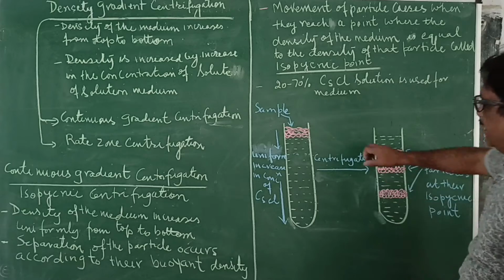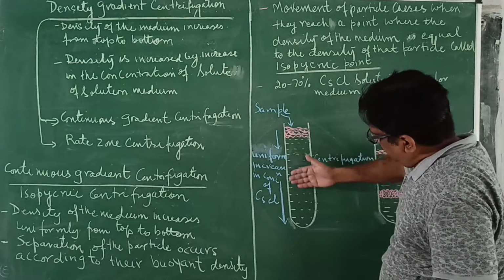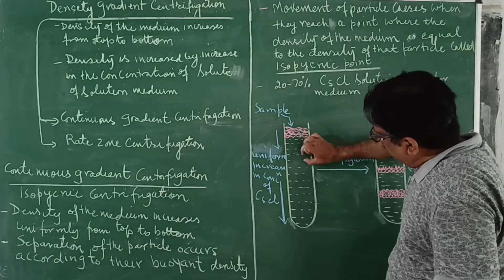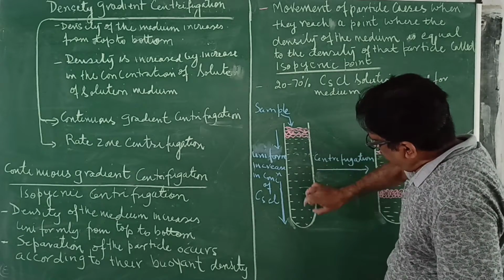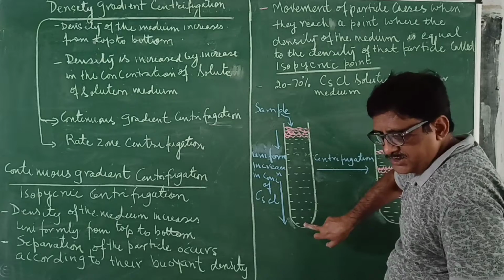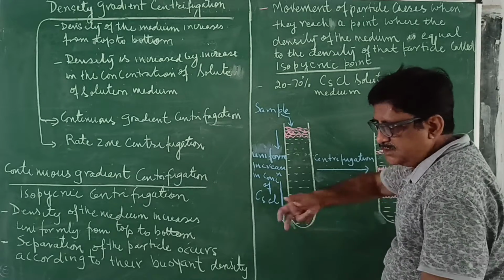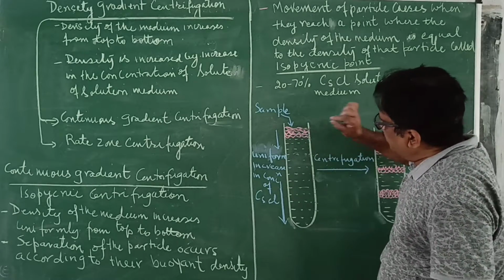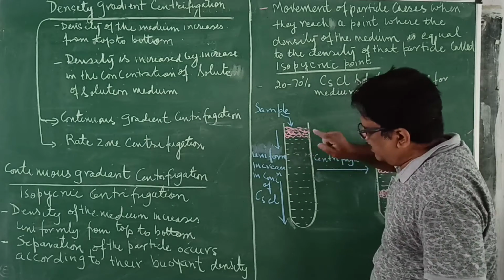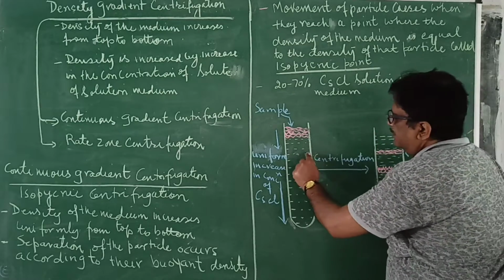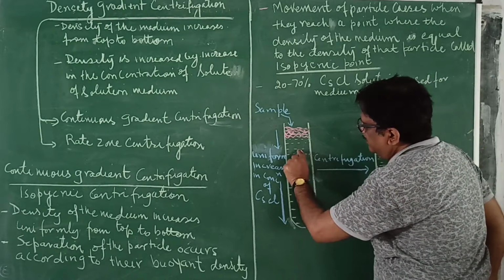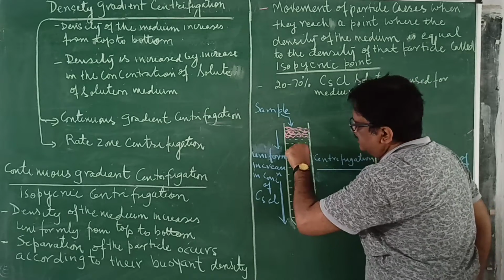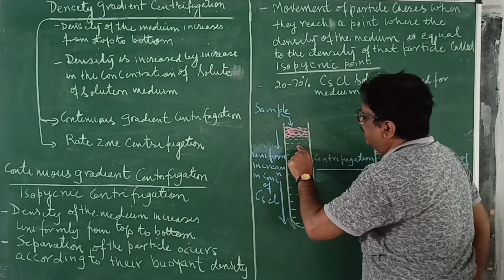Suppose this is the increasing concentration. When centrifugation starts, the particle moves down the medium towards the bottom of the centrifugation tube. The movement of the particle will cease at the point where the density of the medium equals its own density, the density of that particular particle.